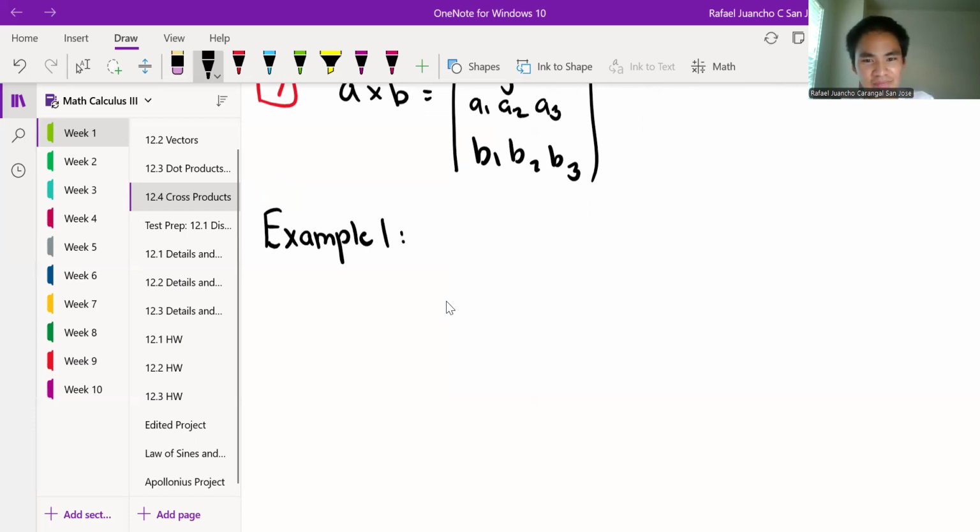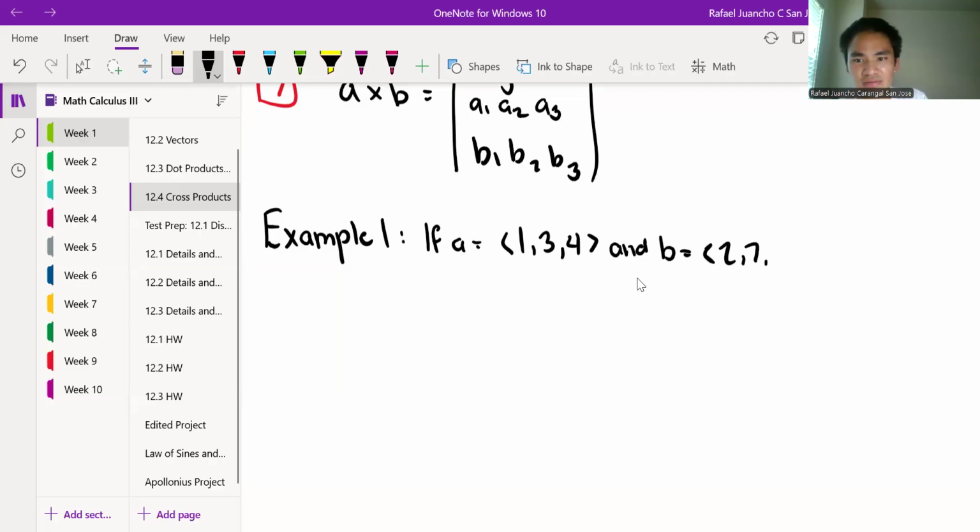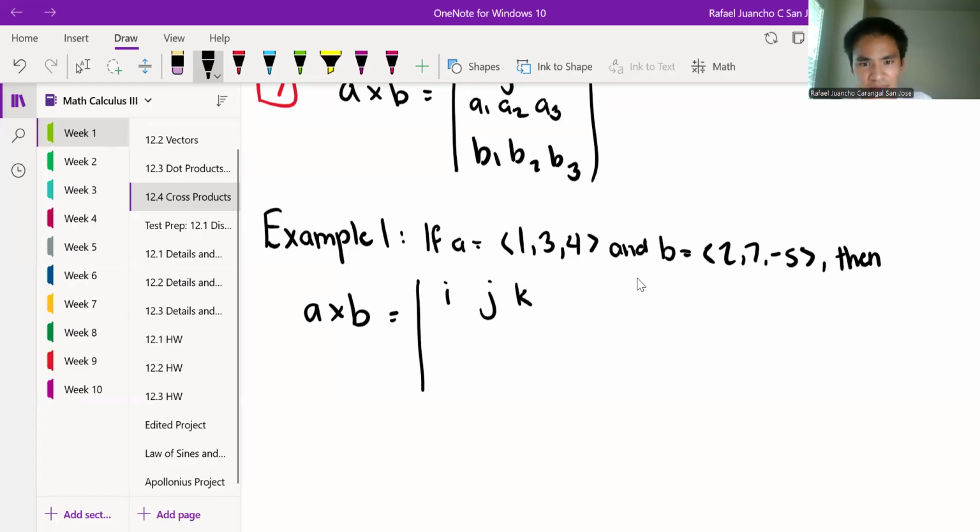Okay, so example 1. So we're saying if A is 1, 3, 4, and B is 2, 7, -5, right? Then if we get their cross product, I'm just gonna call it the cross product. So we're going to be using I, J, K. And we're going to rewrite it this way. 1, 3, 4, 2, 7, -5.